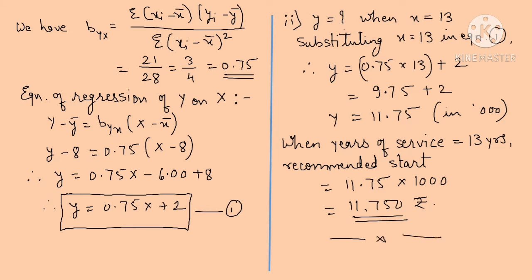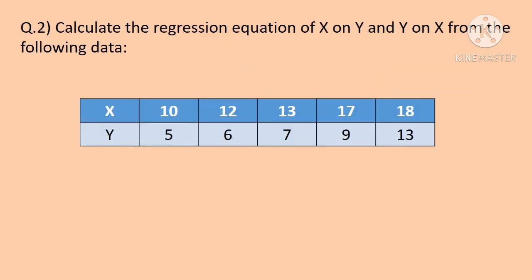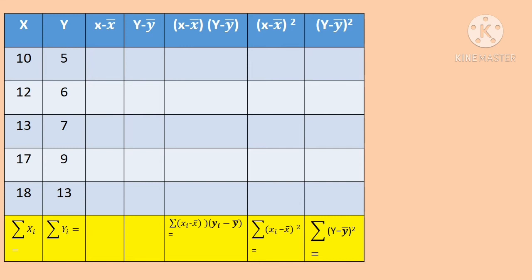Now see the second sum. Calculate the regression equation of x on y and y on x from the following data. Over here we have to calculate both the equations of x on y and y on x. So let us make the table. First let us calculate x bar.